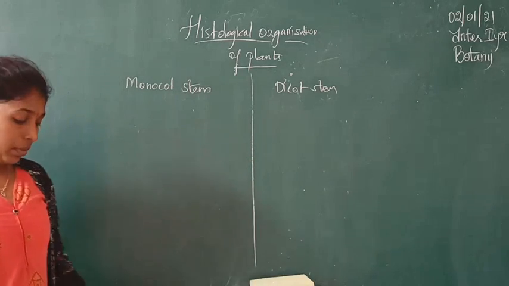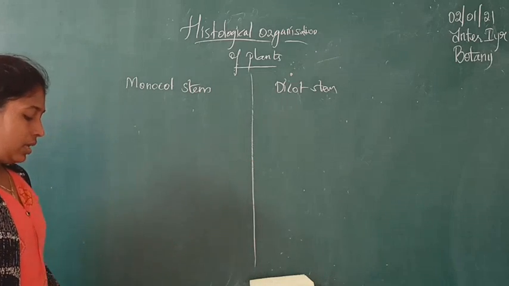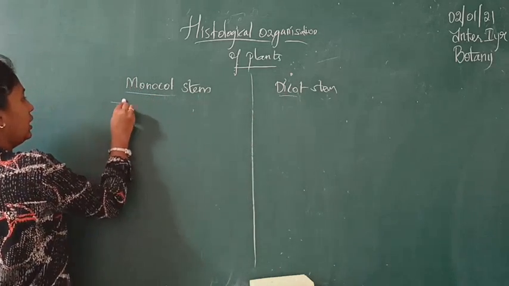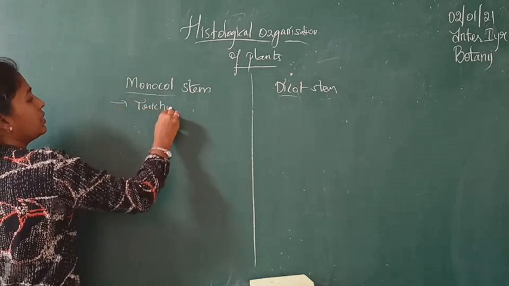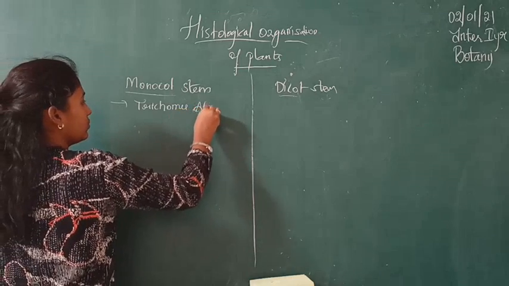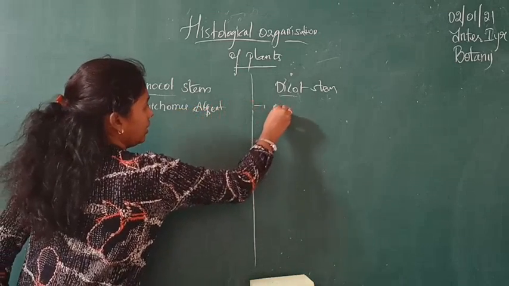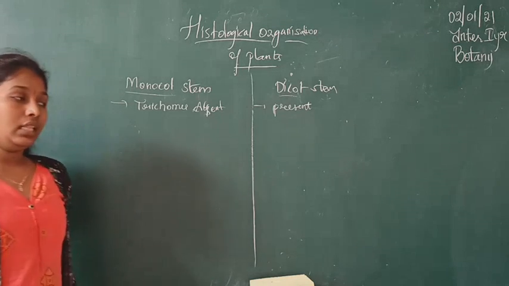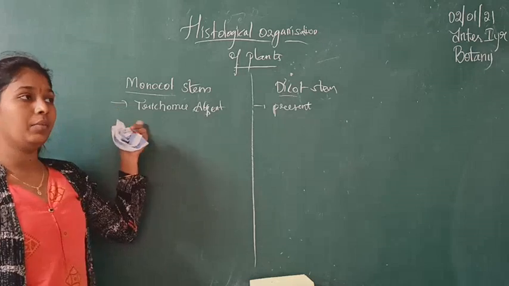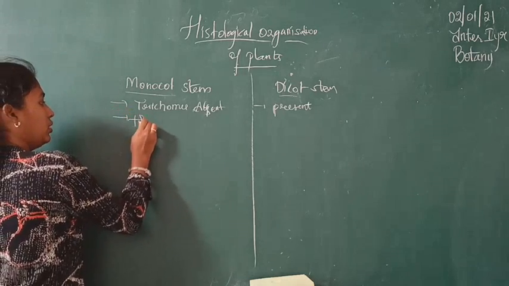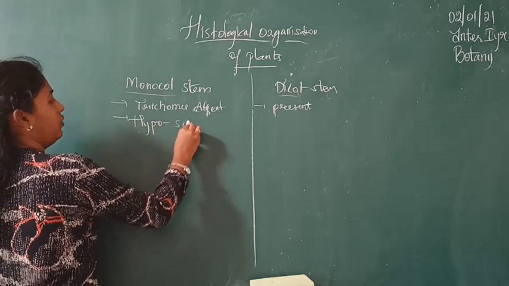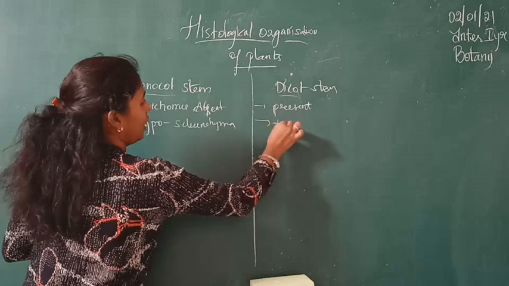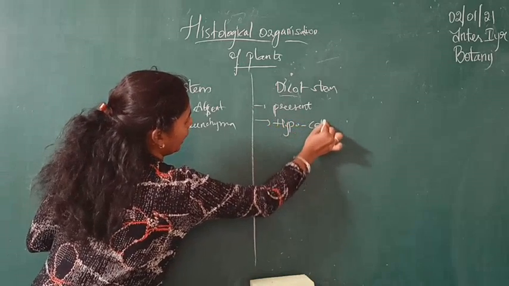If you know the differences, in this dicot stem the trichomes are present. Quite the opposite, here in the monocot stem trichomes are absent. And next, in this case hypodermis is made up of sclerenchymatous tissue, and here hypodermis is made up of collenchyma.